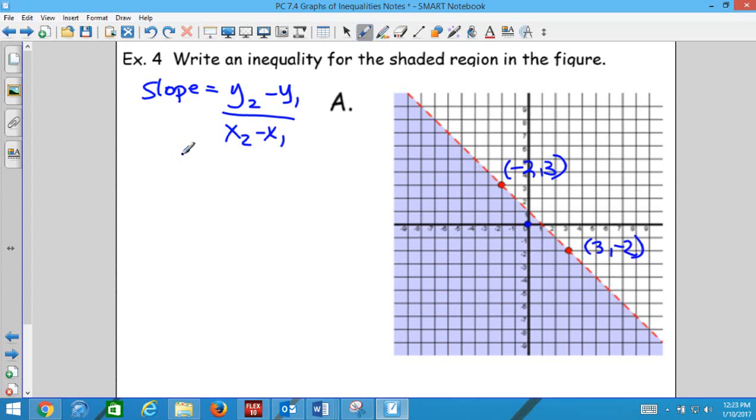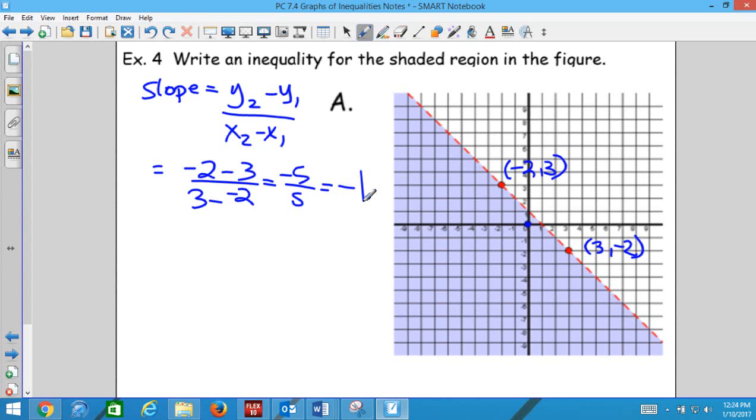I hope you're just counting rise over run on your own paper. I'm going to do it the long way for fun. 2 minus 3 over 3 minus -2. So -5 over 5, -1. Or you could just count up or count down 5 over 5 and reduce that to -1. So you got your slope.